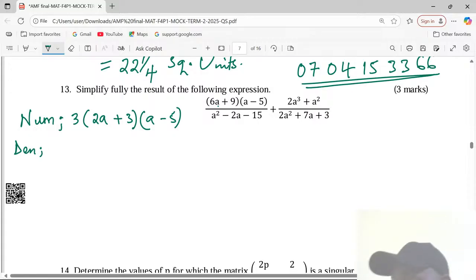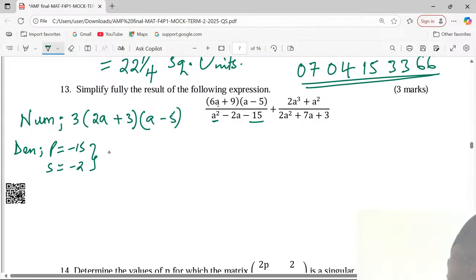The denominator is a quadratic expression. Confirm if you're understanding something, please. If it's a quadratic expression, we are supposed to get a product of A times C. We need a product equal to negative 15 and a sum equal to the value of B, which is negative 2.